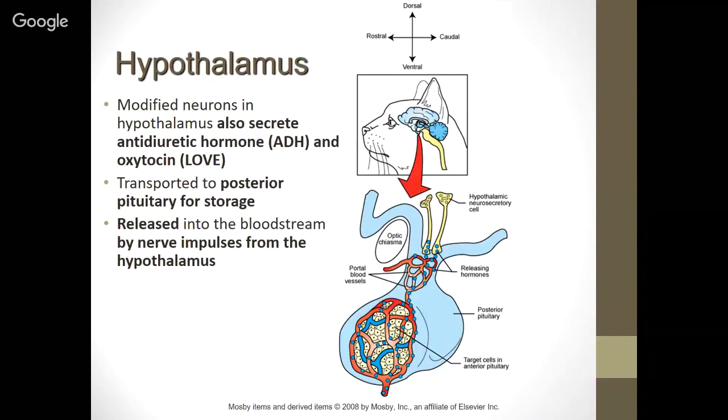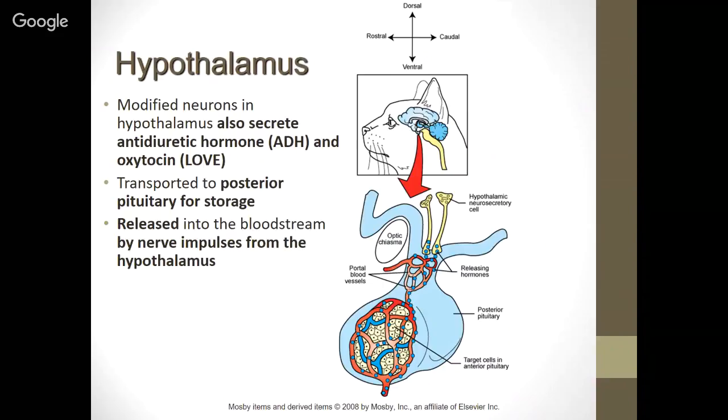It also is in charge of a lot of the processes that lead to reproduction and also to the feeding of newborns. So ADH and oxytocin are produced in the hypothalamus, secreted and transported to the posterior pituitary, where they remain in storage. They're released into the bloodstream by the nerve impulses of the hypothalamus.